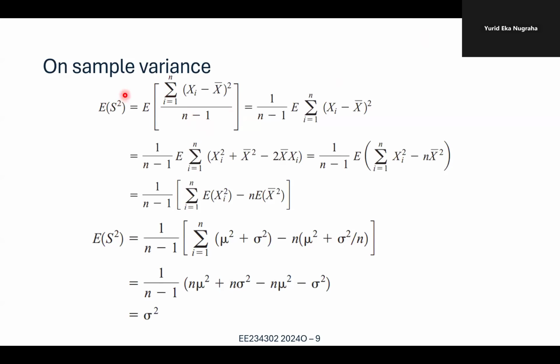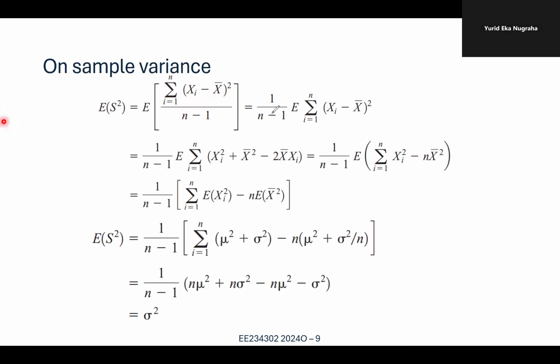So you have the variance of the sample here, s square. And what we are trying to do is solve for the expected value of s square, right? As you may already know, the denominator is n minus 1 instead of n, and the numerator is the same, the sum of xi minus x bar square.